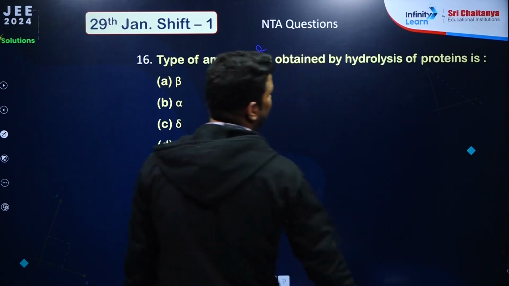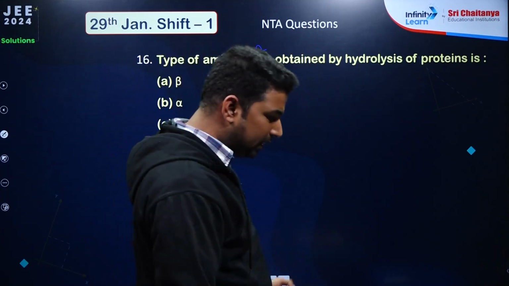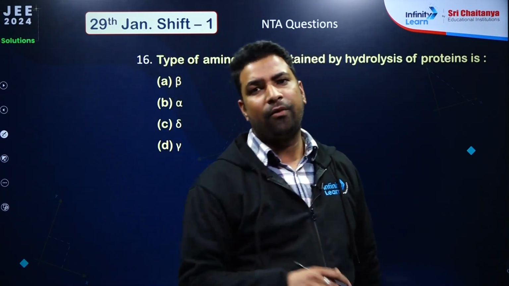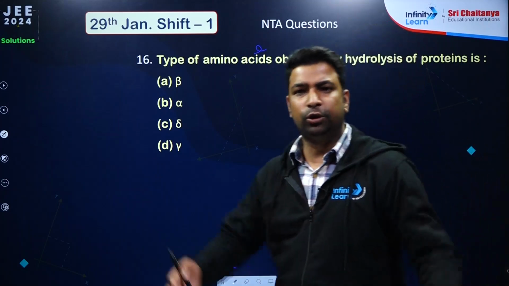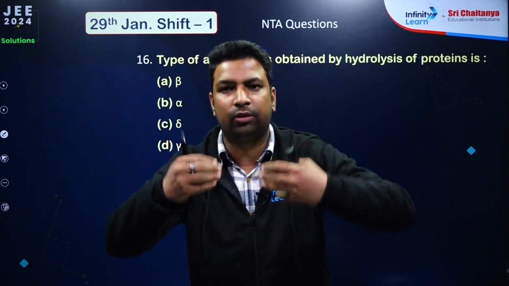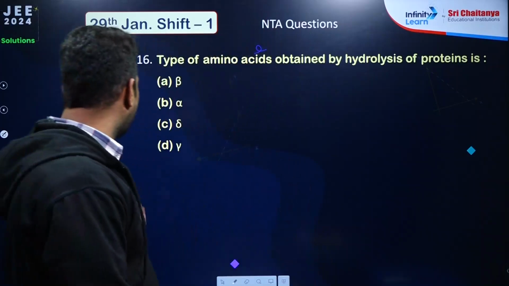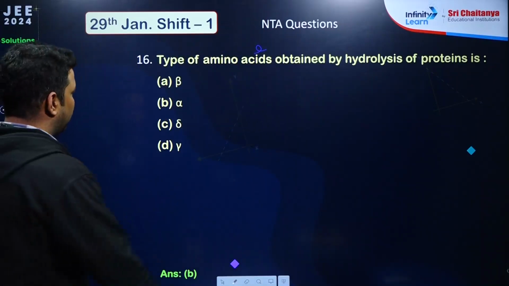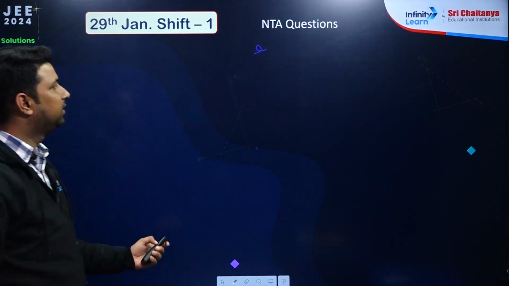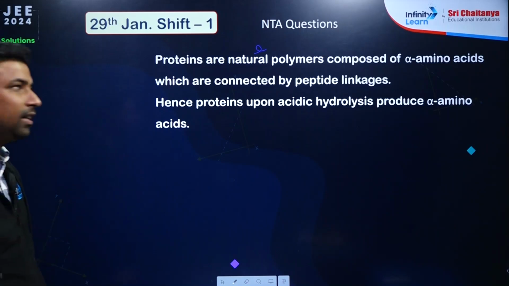Amino acid obtained by hydrolysis of protein. Protein is basically a polymeric form of alpha amino acids. Two alpha amino acids are joined through the peptide linkage, and when we hydrolyze the protein, we get alpha amino acids. So B will be your right answer, and here is the written solution.